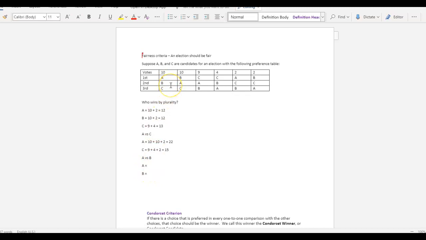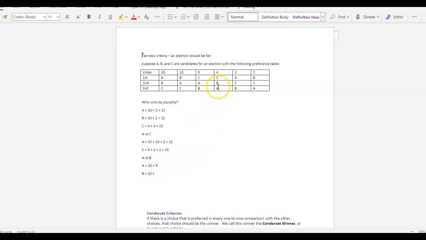If we just compare A with B and don't consider C, well, in this column, A is preferred, so A would get 10. In this column, B is preferred, so B would get 10. In this column, A is preferred, so A would get these 9.